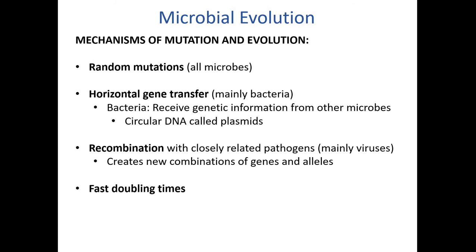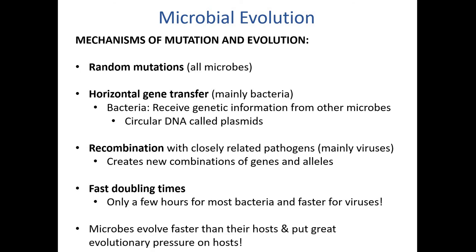Then there's the fact that microbes basically grow very rapidly. They have fast doubling times. So bacterial populations can expand in basically just a few hours' time, and this is even faster for viruses. So microbes actually evolve much faster than their hosts, and this can put a lot of evolutionary pressure on hosts.